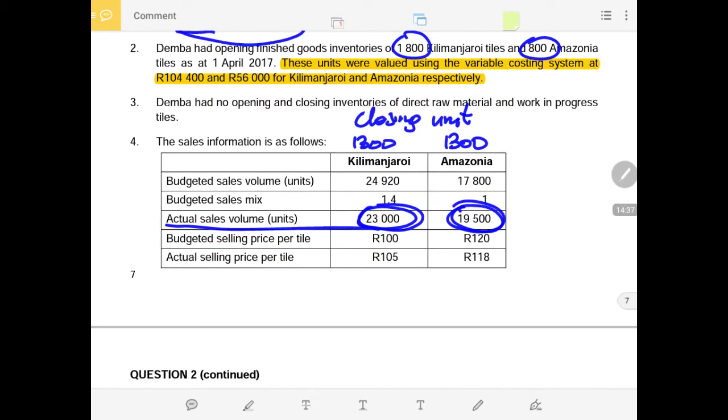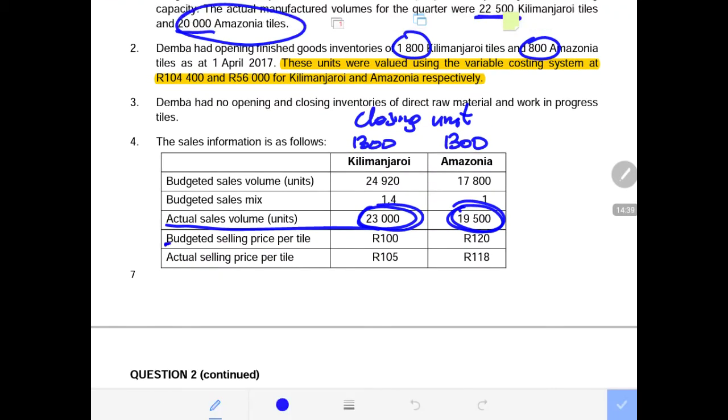Then now we need to look at the budgeted selling price. How much did we budget to sell our inventory for? We budgeted to sell it at 100 rand, but we actually sold it at 105. The second one we budgeted 120, but we actually sold 118.